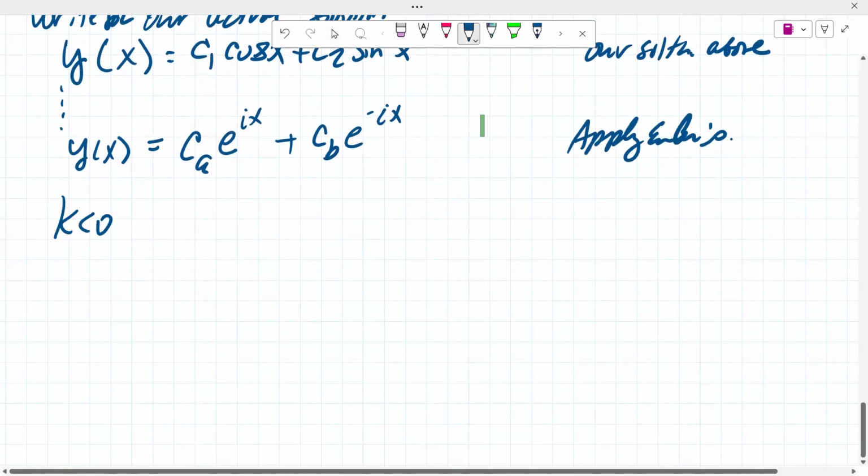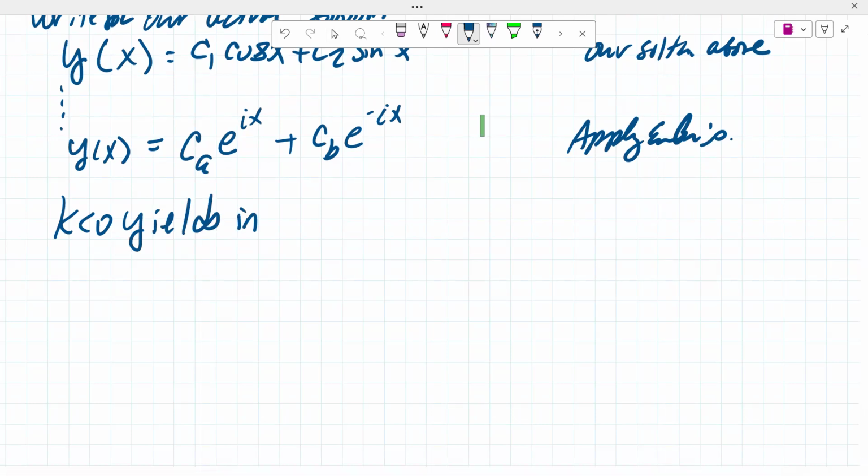All right, now k less than 0 yields some interesting results. The general solution to the wave equation is a superposition of the normal modes.